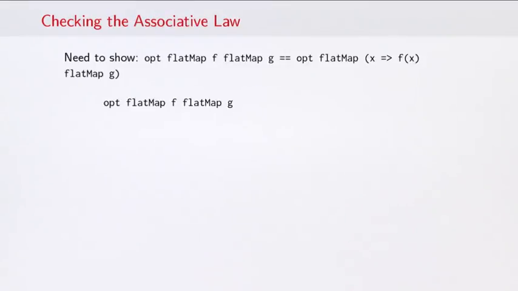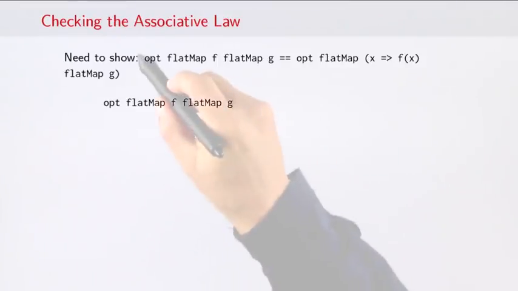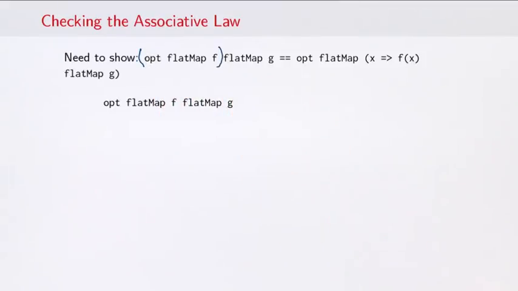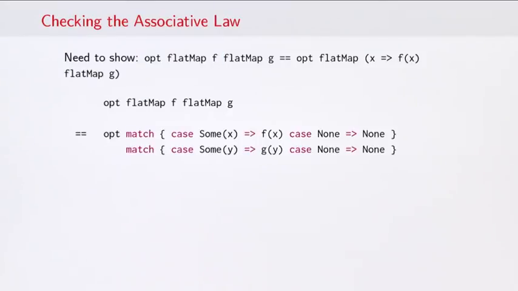Finally, we have to check the associative law. So here it is. We need to show that the sequence of the two flatMaps, with the parentheses to the left, is the same thing as a flatMap of a flatMap with the parentheses to the right. So let's start with the left again. Here we have the sequence of the two flatMaps. Here's what it expands to. That line is the first flatMap with the two pattern matches now on one line.